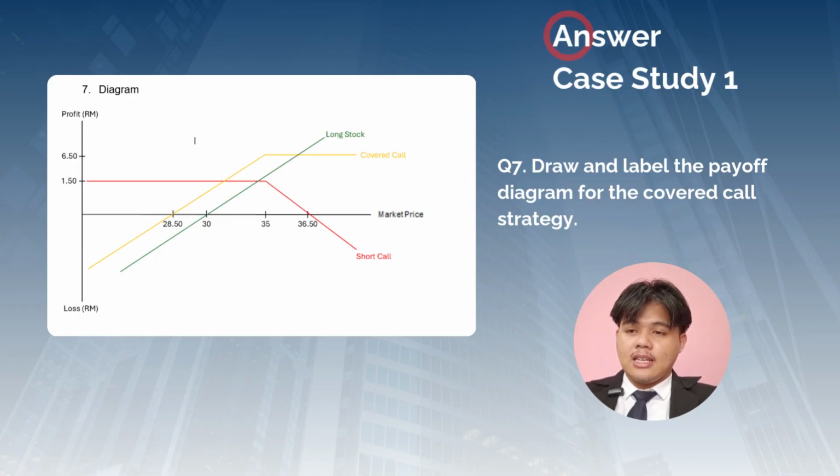As the price increases, the profit rises until it reaches the maximum profit, around 6.50 ringgit. After this point, the profit becomes flat because gains from the stock are offset by losses from the short call. In conclusion, the covered call strategy gives limited profit and lower risk, and is suitable for investors who expect moderate price movement.